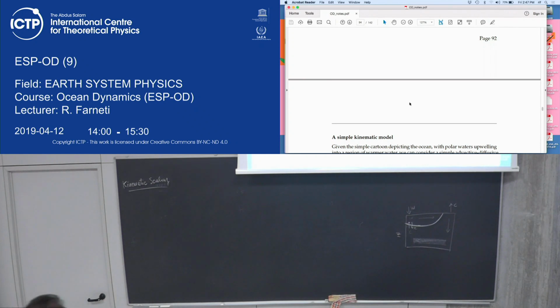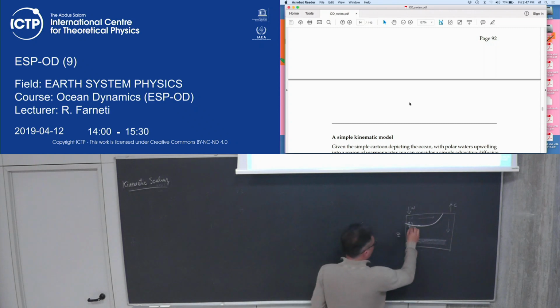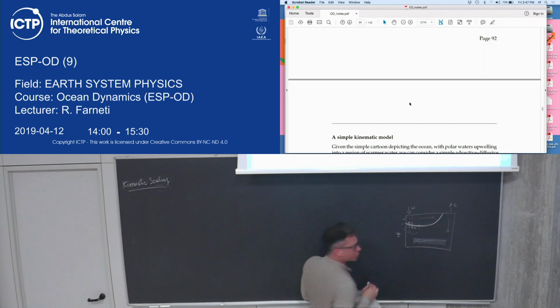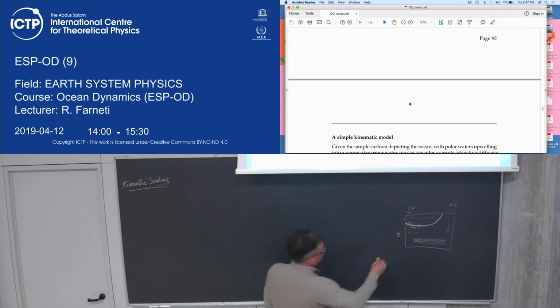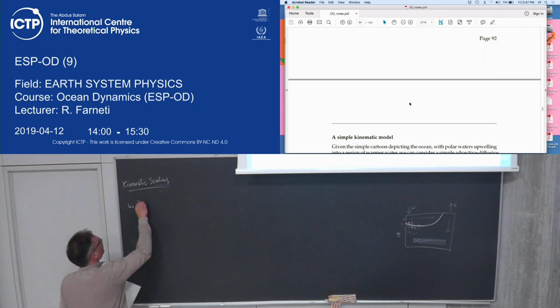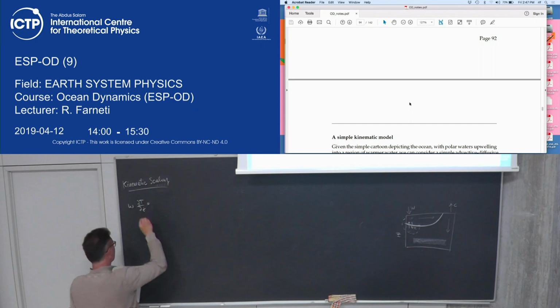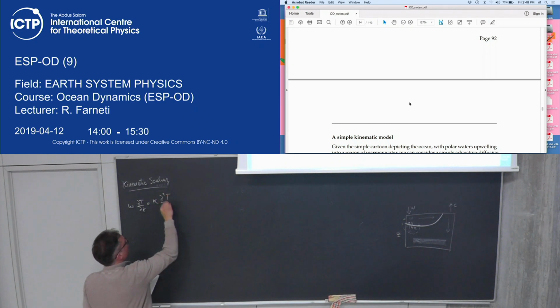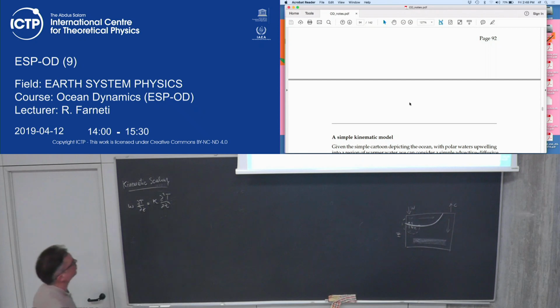If you think of this simple advection and diffusion process setting the depth of this region where the stratification changes very rapidly, then you can consider an advective and diffusive problem, which you have solved numerically in numerical methods, I think. So you have W dT/dz equals some eddy diffusivity parameter kappa times d²T/dz².